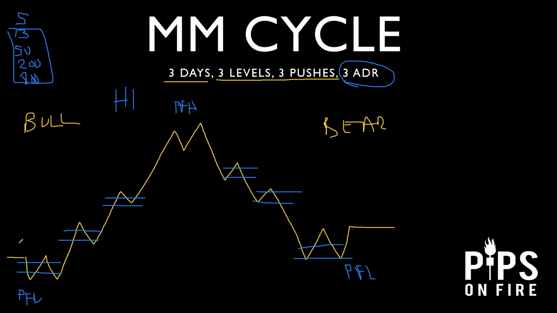All right. So we said this is level 3. This would be your 5 and 13 cross, or you can take the trade when prices are above the 13 EMA. Okay, you can do that too.